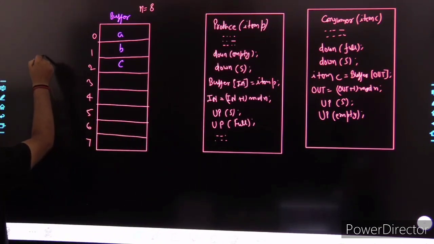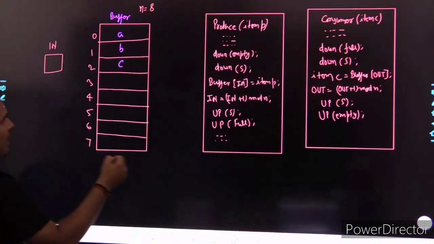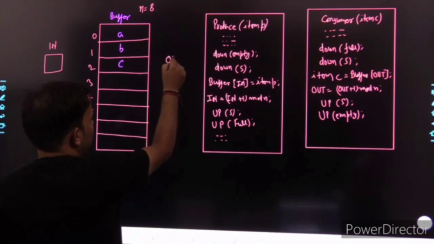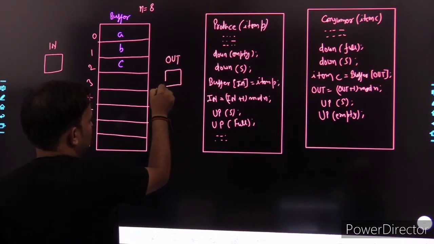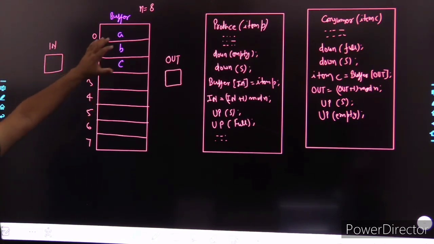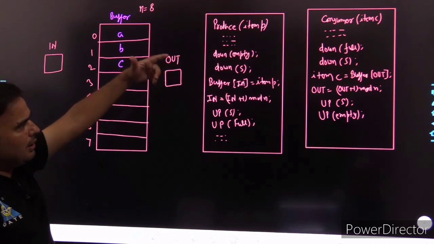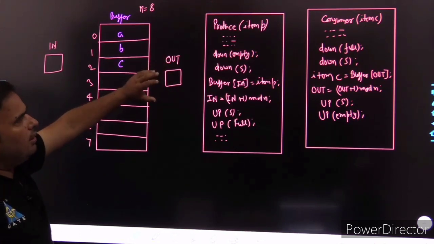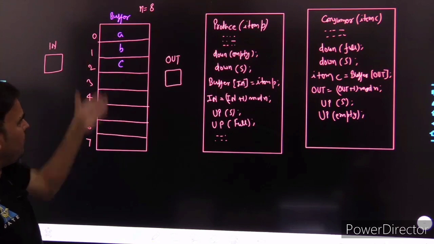Here we have this in variable, and here we have this out variable. The in variable is used by the producer to know at which empty slot the producer can produce the next item. Through the out variable the consumer knows from which slot it can consume the item from the buffer.